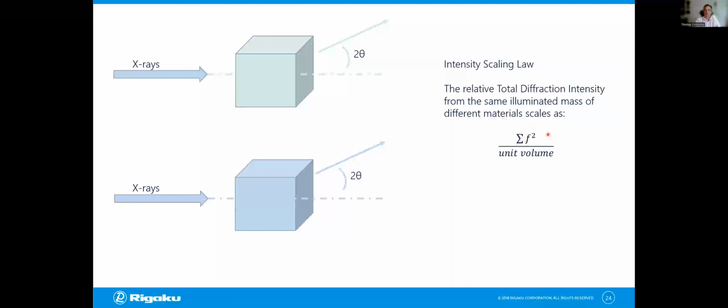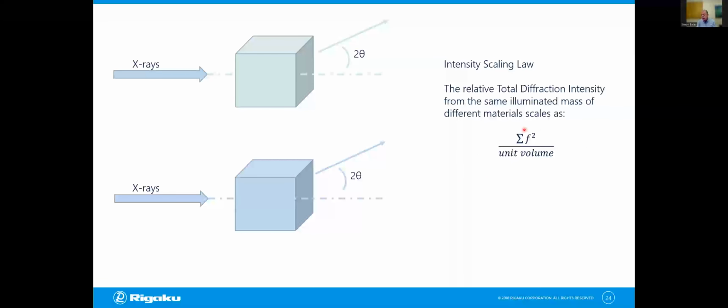And this is a scaling law that you can apply between different materials, or if you have mixtures, between different components of the mixtures. You just do the sum over the squared electrons in each atom in the formula unit per unit volume. So again, it's normalized to unit volume.